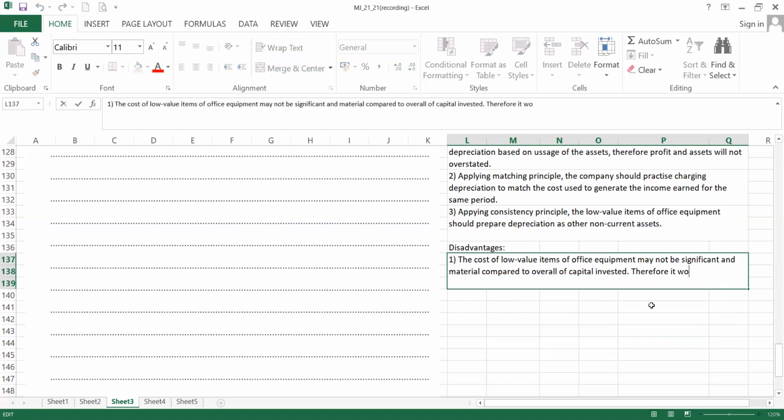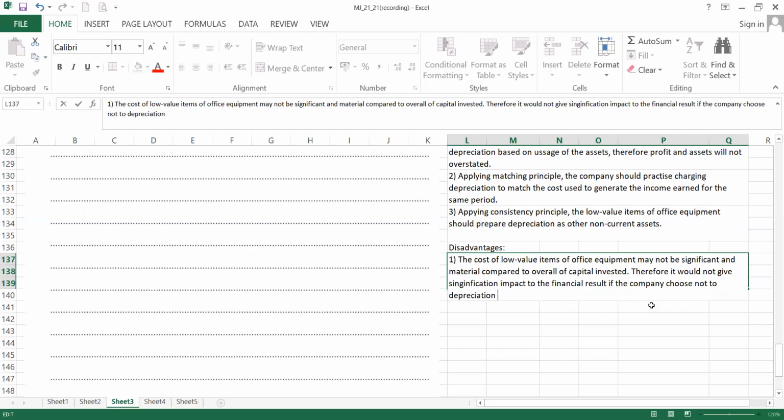Therefore, it would not give significant impact to the financial result if the company chooses not to depreciate low value items.